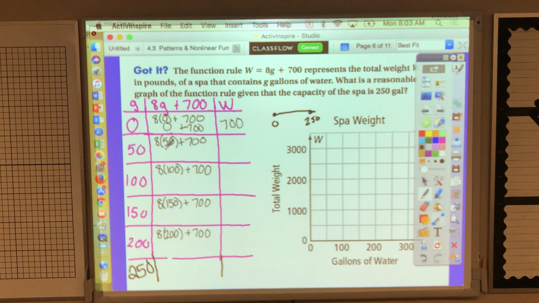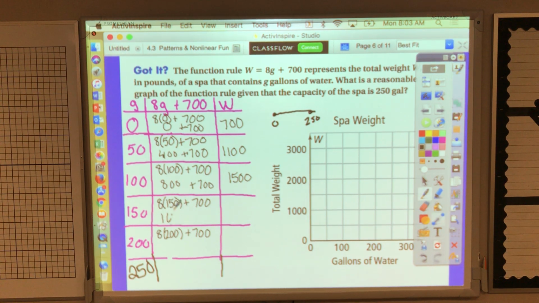If I plug in 50, 8 times 50 is 400. 400 plus 700 is 1100. 8 times 100 is 800, plus 700 is 1500.